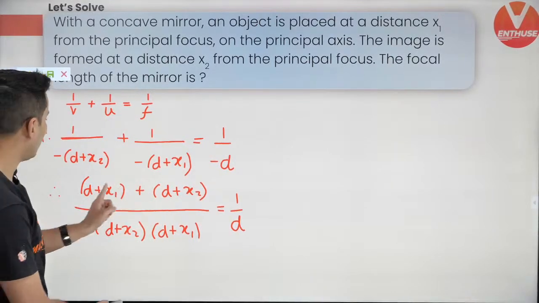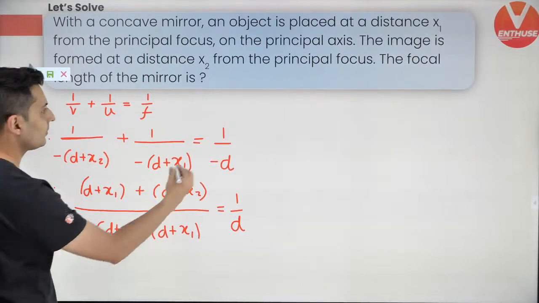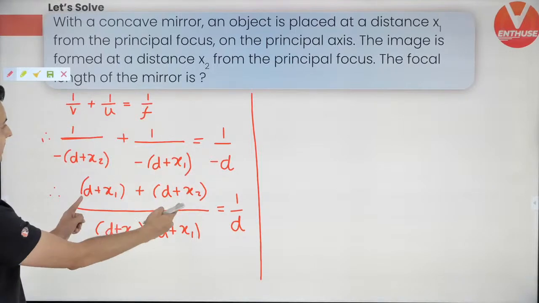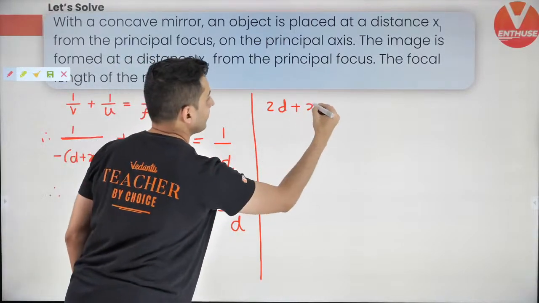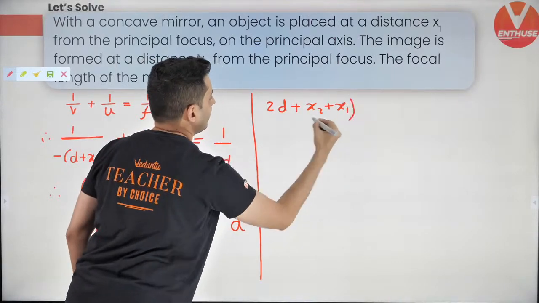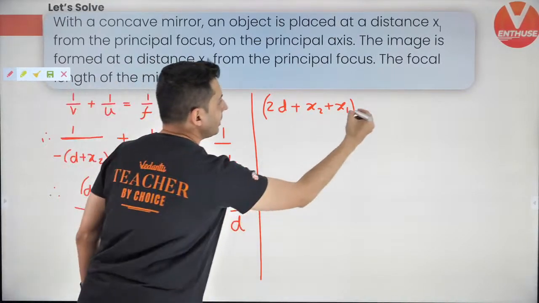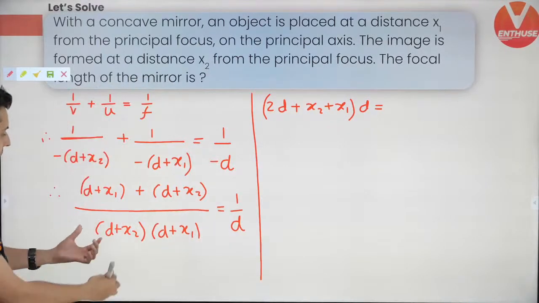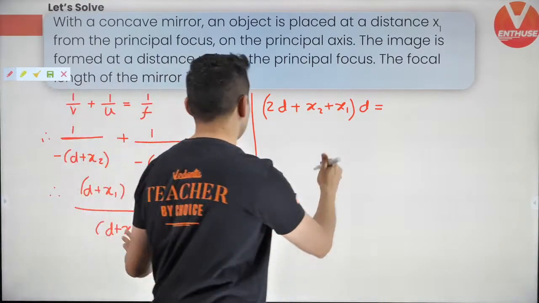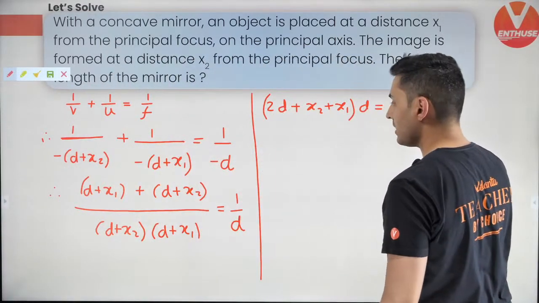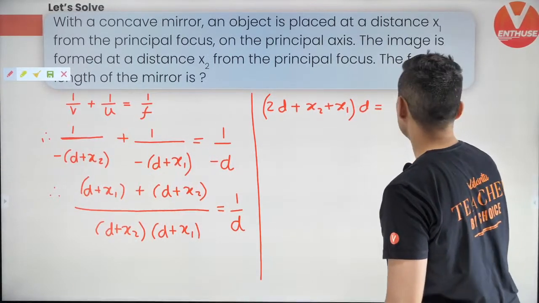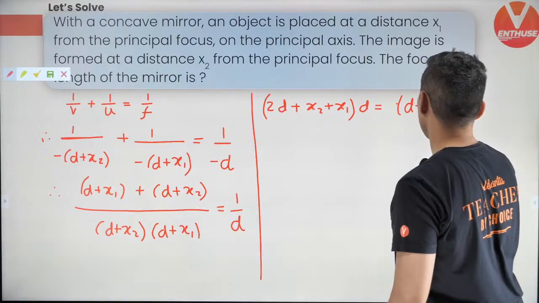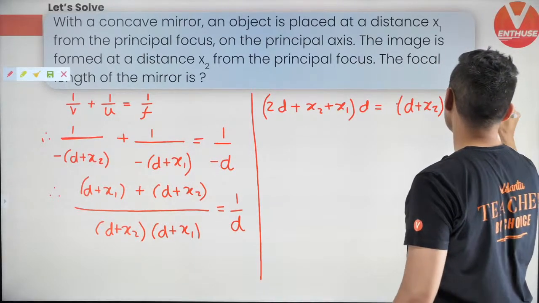On the numerator I have 2d plus x2 plus x1, and if I cross multiply, it will be into d. This will be equal to d plus x2 into d plus x1.